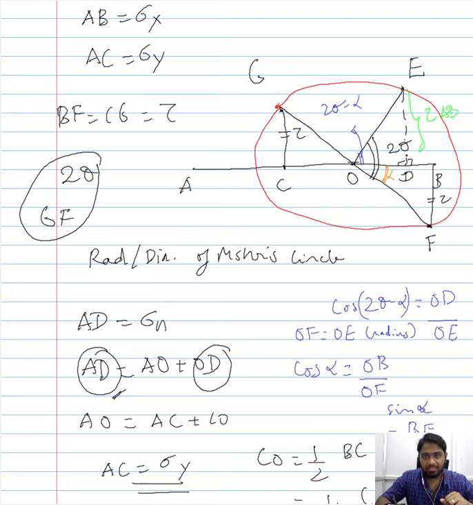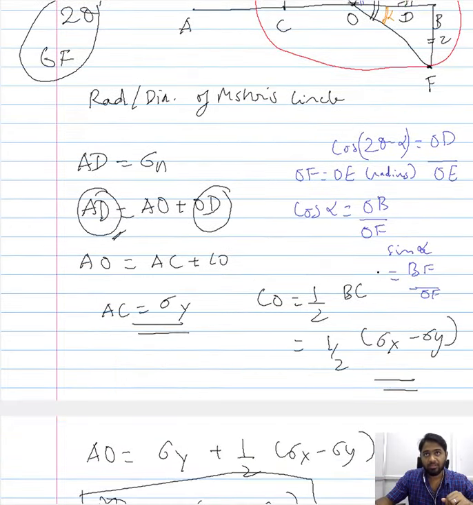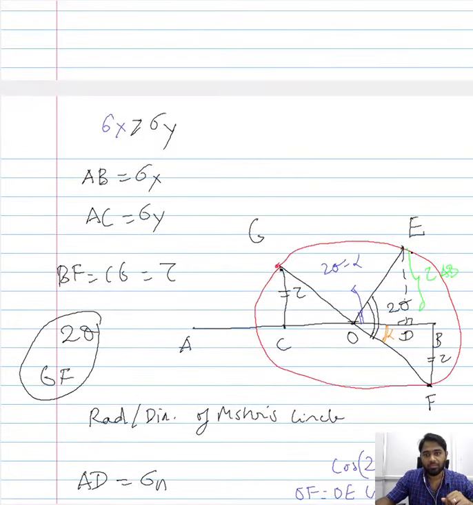So DE is nothing but the sine of this angle 2 theta minus alpha, which within the triangle EOD can be written as opposite by hypotenuse, that is ED by OE.